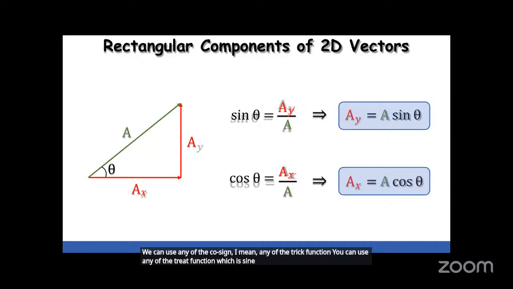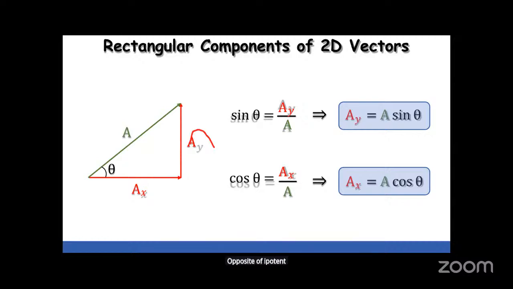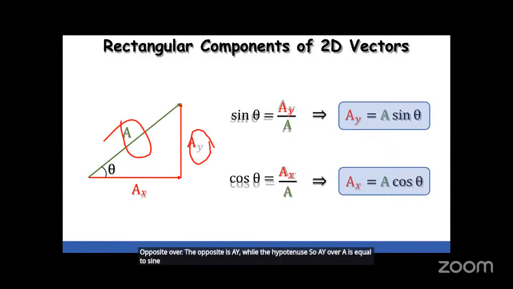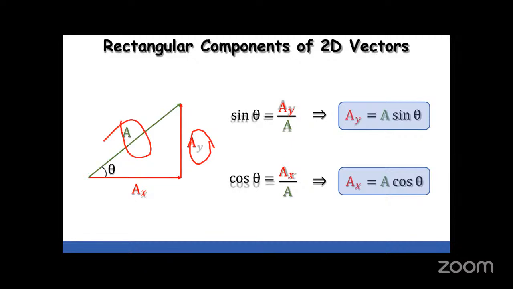Sine theta is opposite over hypotenuse. The opposite is AY, while the hypotenuse is A. So AY over A is equal to sine theta, which implies that AY is equal to A sine theta, and that is the vertical component of that vector A. Then along the X-axis, we have AX.